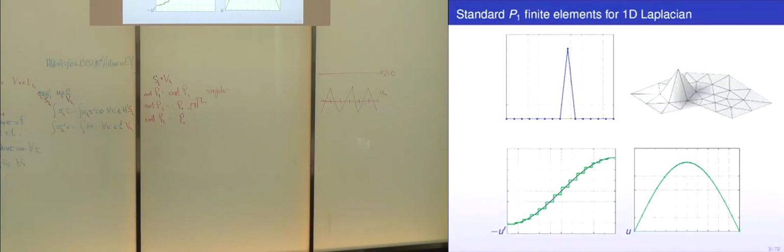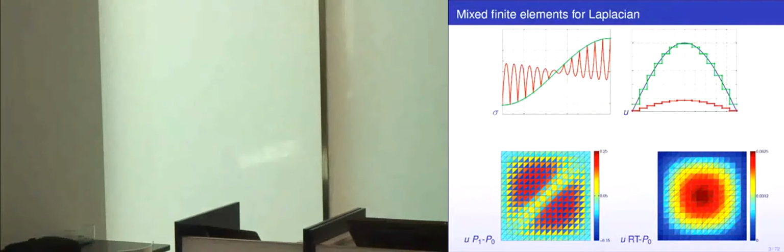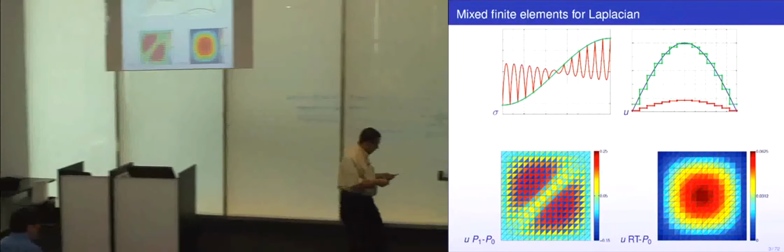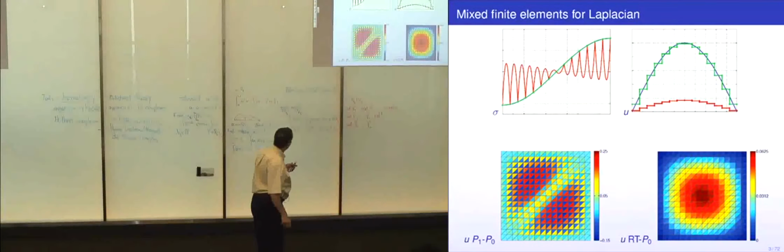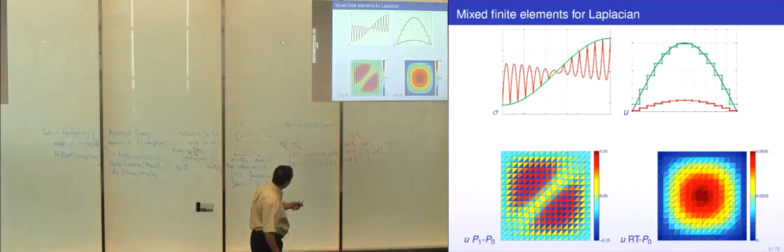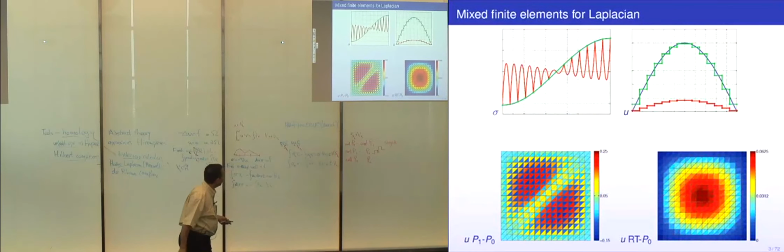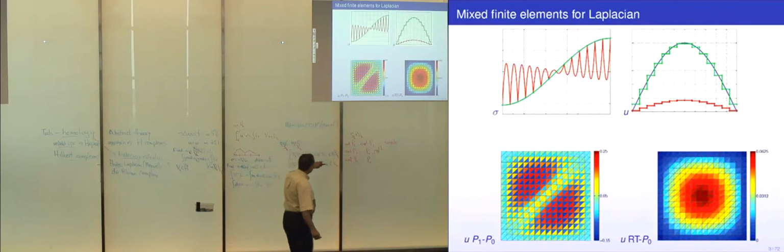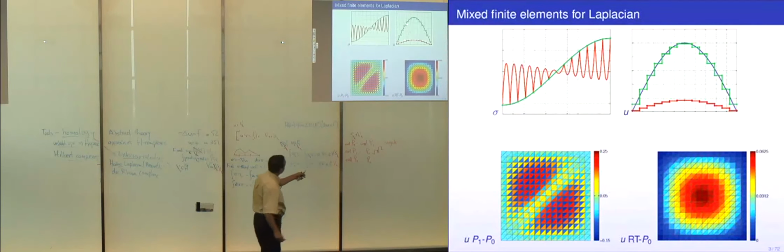The next slide shows what I have here. So now there are three curves on each of the two pictures. Again, we have u on the right and sigma on the left. The exact solution is shown in blue again. Now, I am not showing the linear method because there's no solution to show. For the linear constant method, we get the green curve.